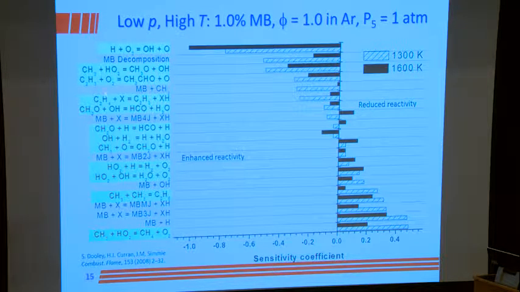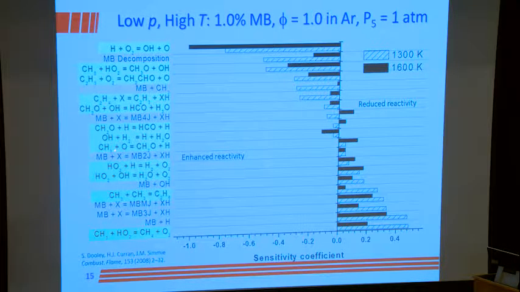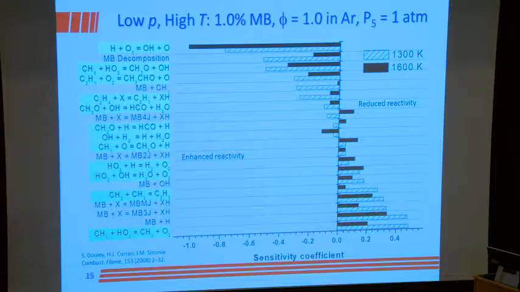Vinyl plus O2 is very important. Ethylene plus any radical giving vinyl plus any stable species is very important. Formaldehyde reactivity is very important. And some other reactions involved in the hydrogen chemistry and the C1 chemistry also show to be important.